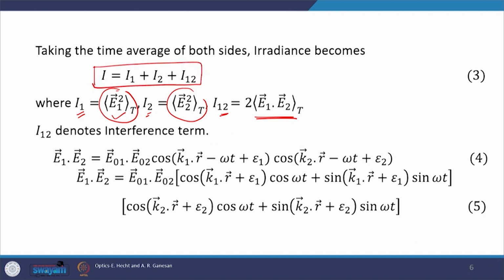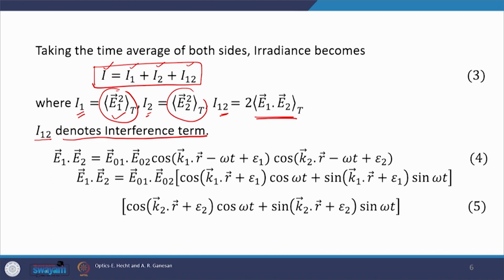The resultant irradiance I will be equal to I1 plus I2 plus I12, the cross term. As said earlier, I12 denotes the interference term. Therefore, the resultant would not be equal to the sum of the magnitudes of the two interfering waves. At a few places the magnitude will go up, at a few places the magnitude will go down, at a few places it may go to 0. We will analyze these things slowly.